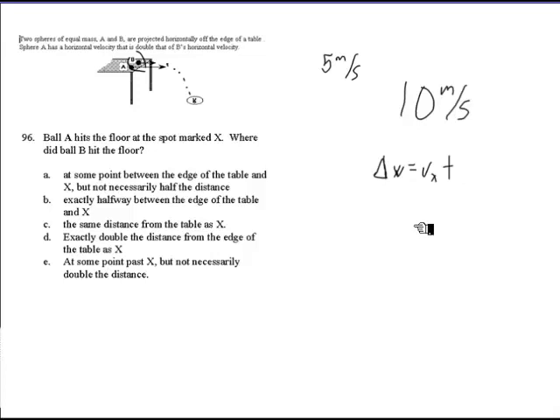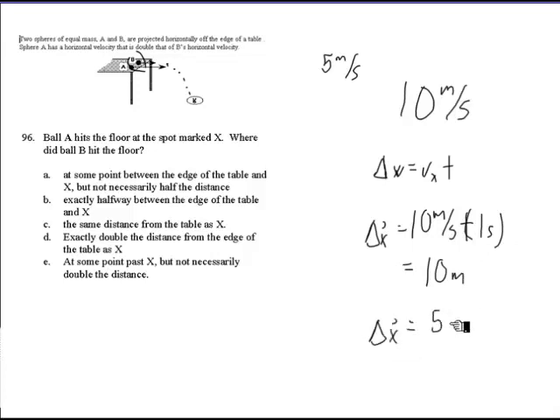It hit the ground 10 meters away. Now it's very simple to see that something moving with an initial horizontal speed of 5 meters per second, in the air for 1 second, only moved 5 meters. So exactly halfway. That's probably the simplest way to think about it.